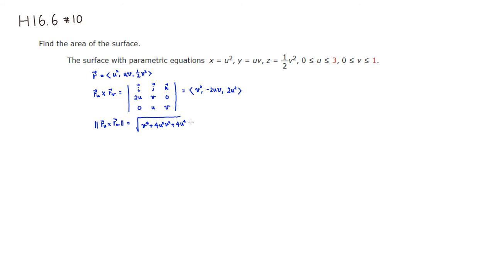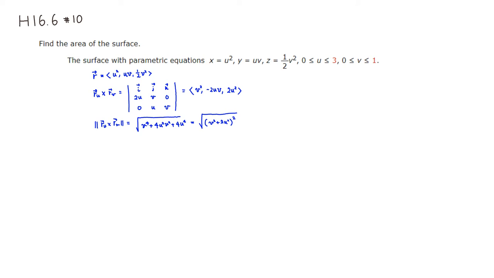And luckily, we can complete the square inside the square root. This is going to be the quantity v squared plus 2u squared, whole quantity squared.